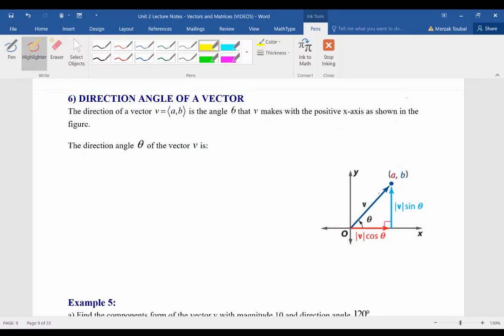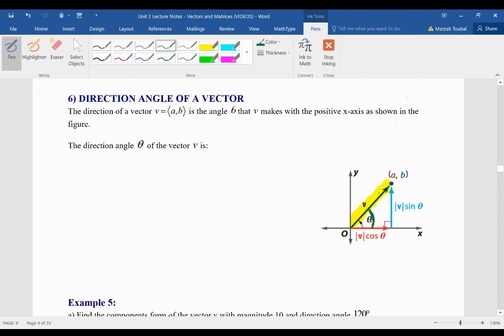Now let's look at the direction angle of a vector. So the direction angle of a vector, say vector v, let's look at this figure over here. The direction angle is the angle that the vector makes with the x-axis.